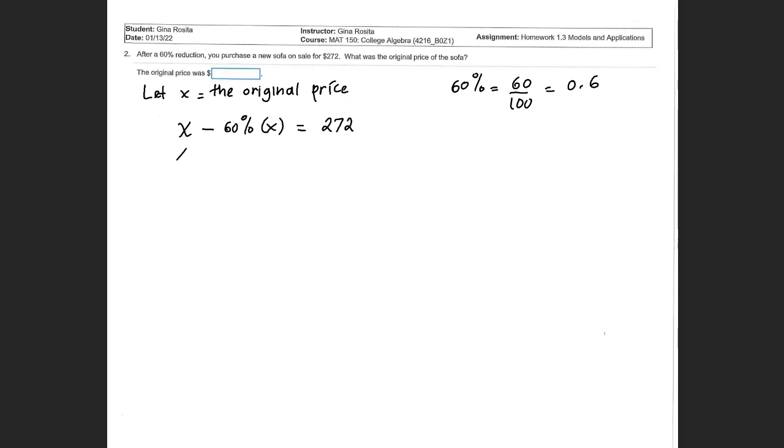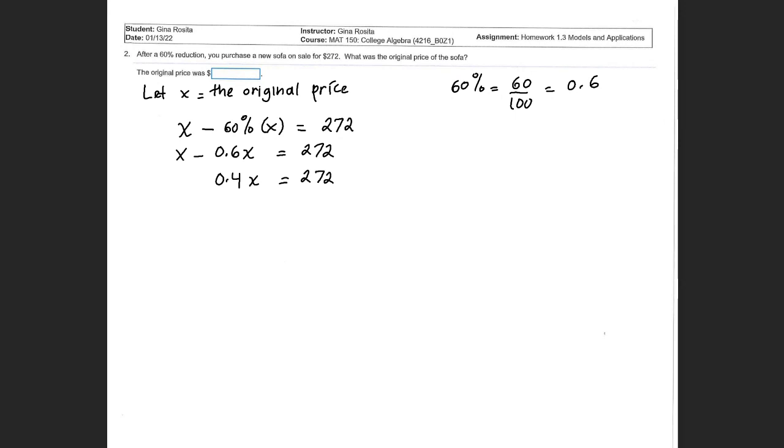So now we solve over here. x minus 0.6x equals 272. So x minus 0.6x gives 0.4x equals 272.